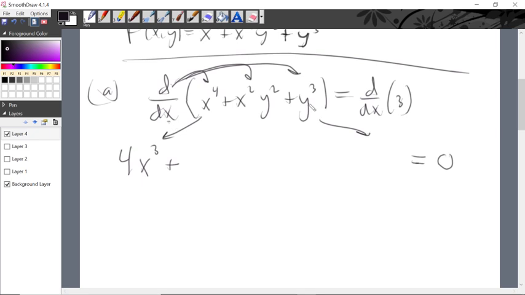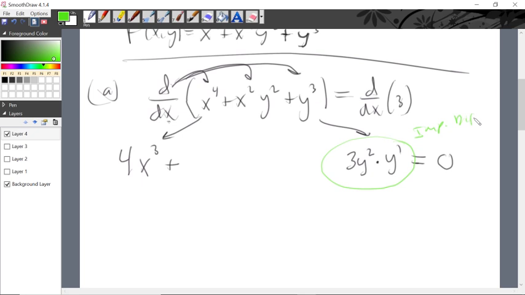So y is considered to be a function of x, and that y is contained within the cube function. So we start by taking the derivative of the outer function, the cube. That's going to give us 3 times y squared. We've left y alone for the moment by the chain rule. Then we multiply that by the derivative of y with respect to x, which I'm going to call y prime. That's our implicit differentiation right there.